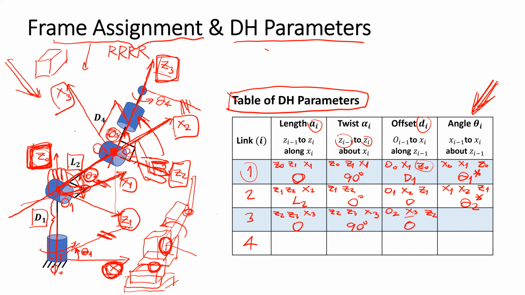So what is the joint angle of link 3? Joint angle is measured from X2 to X3 about C2.